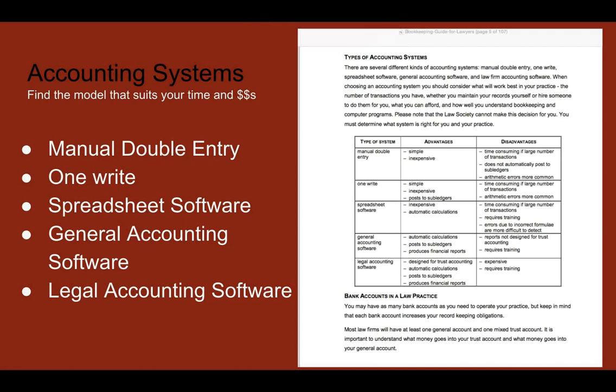So I'll keep it straight: it's more of a double entry system these days, where you could use a spreadsheet, a general accounting software like QuickBooks, or a legal accounting software like uLaw, and there are many advantages and disadvantages to it.